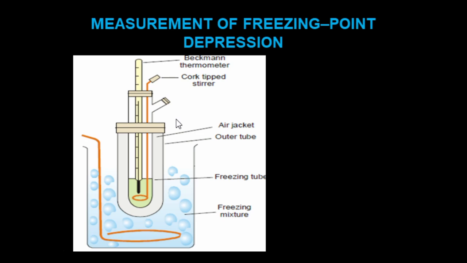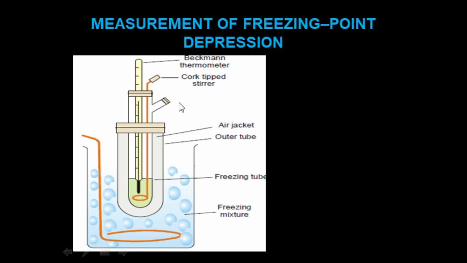It consists of a test tube with a side arm in order to add the solute or solvent into it, and there are two holes. In one hole we attach the stirrer, and in the other hole the Beckmann thermometer has to be inserted. The stirrer is used with a cork in order to avoid its clashing with the thermometer.